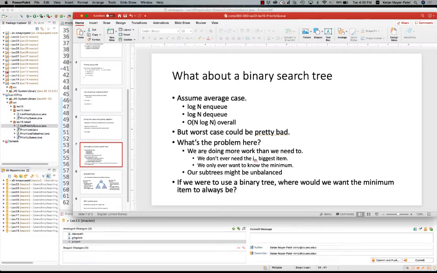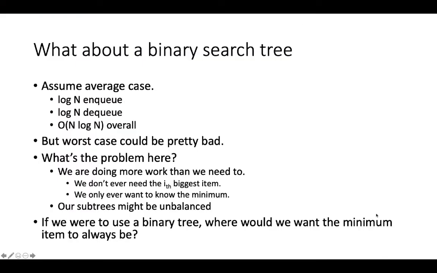Okay. The problem with doing a list was that finding the minimum every time we needed to dequeue something was an order n operation, and that's what made our overall performance order n squared. A binary search tree might be something that we think about, and is something that you are currently programming, so maybe that works, right?